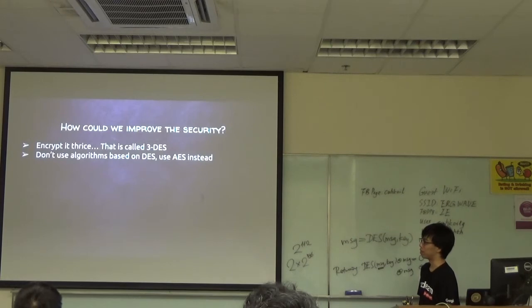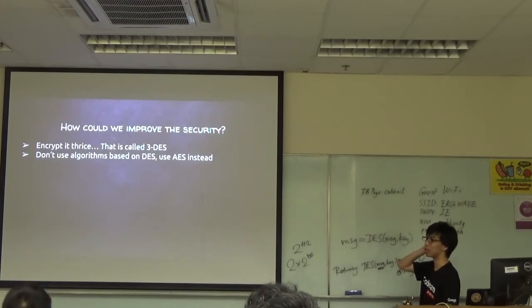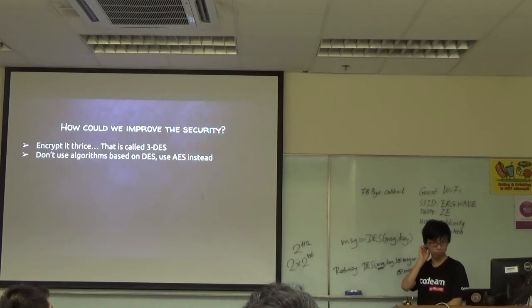And some lazy people still think that we could utilize DES to improve the security. How? They think that they could encrypt it three times. And that is called triple DES. And yeah, it was still used a few years ago. Is this secure?